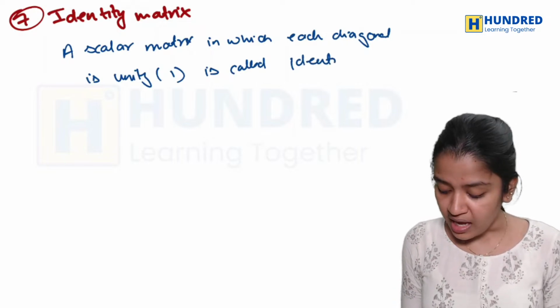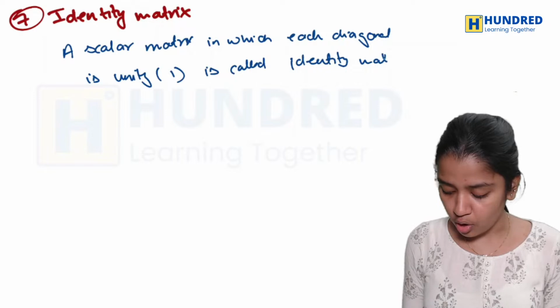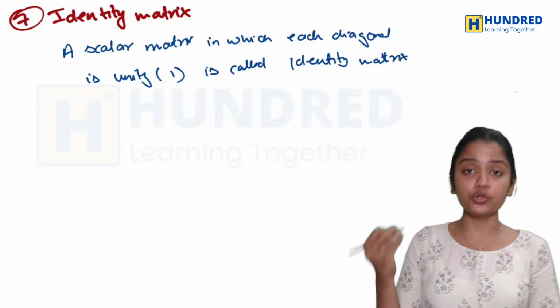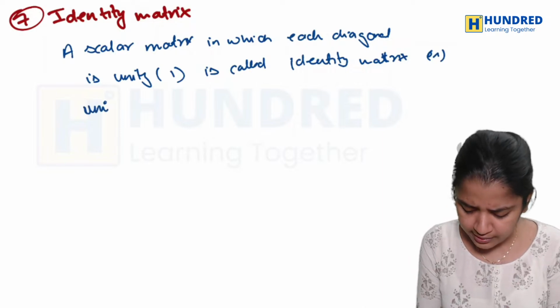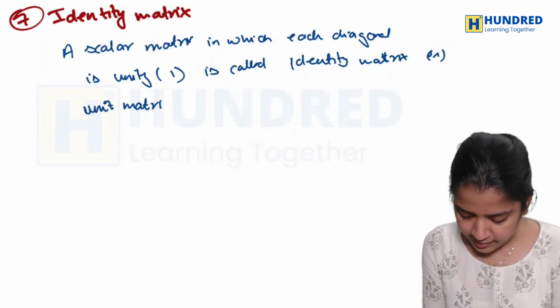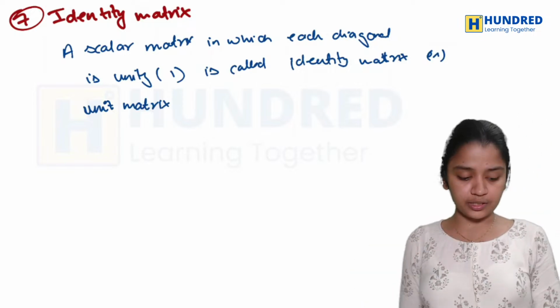It is called an identity matrix, or you can call it a unit matrix.